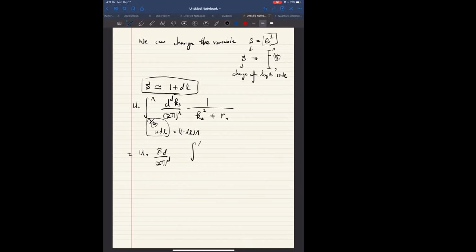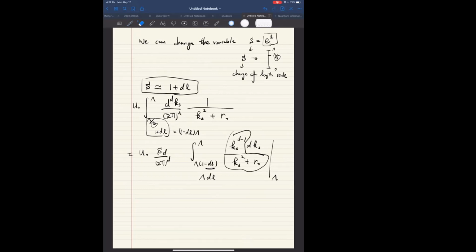So this would be lambda times 1 minus dl, and then the rest is k^(d minus 1) over k^3, evaluated at lambda for simplicity, times the small lambda dl.